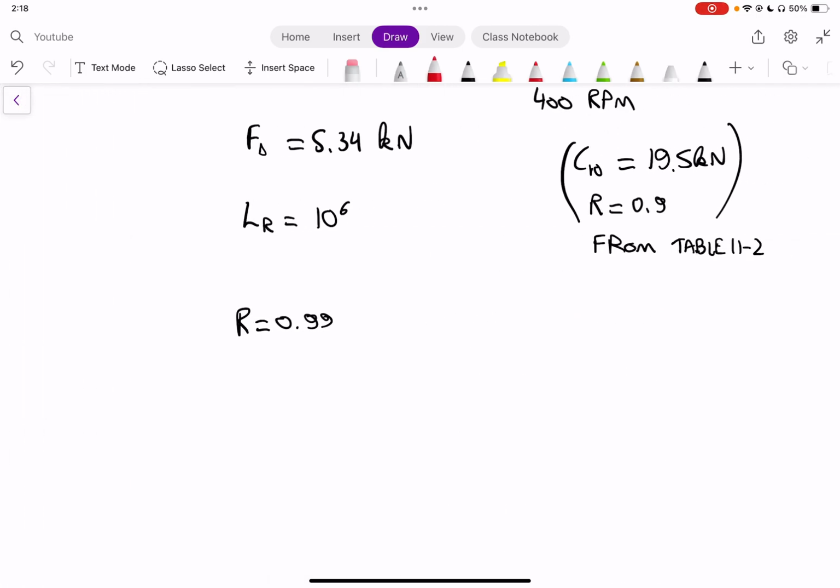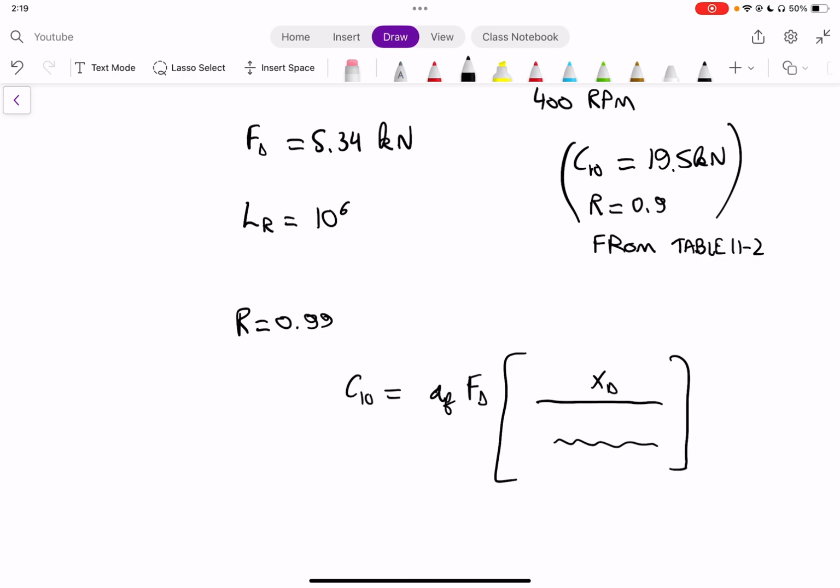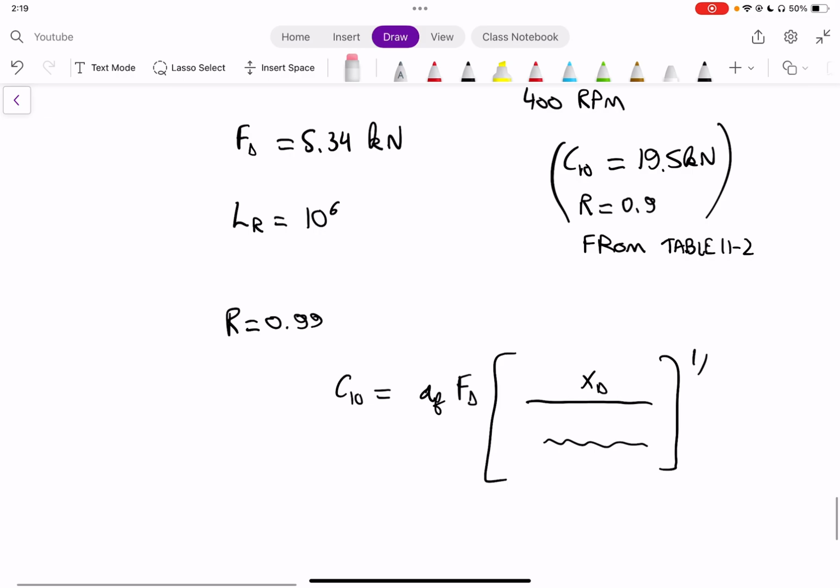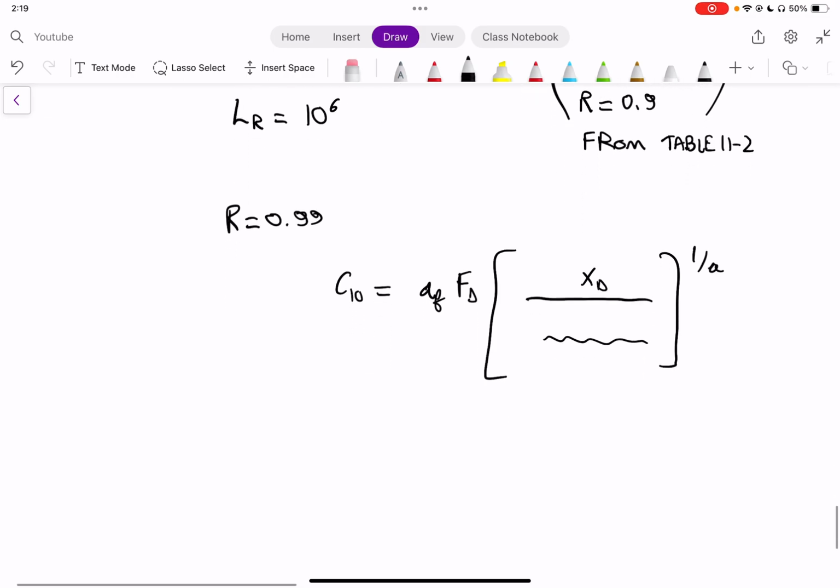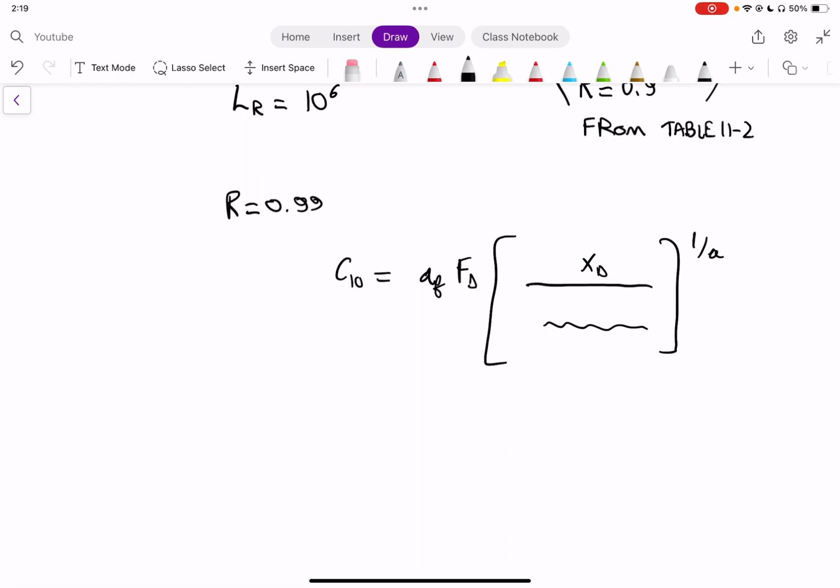So we have that C10 is equal to AF times FD, all multiplied by XD over all of our values at the bottom of the equation, which are Weibull parameters, and then that's all to the power of 1 over A. Let me just write the A again, 1 over A. And what we're looking for is our life desired.